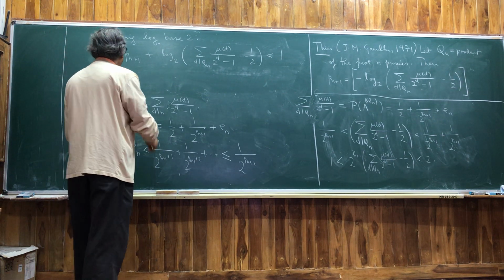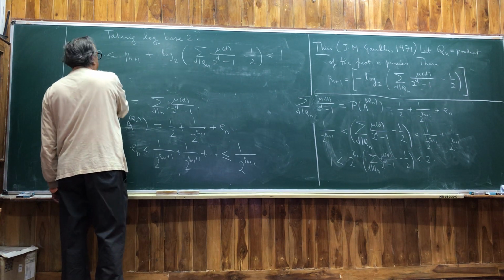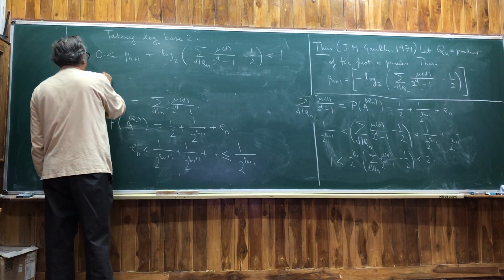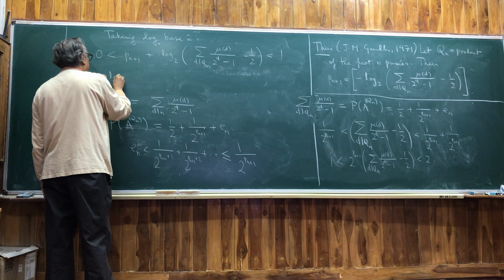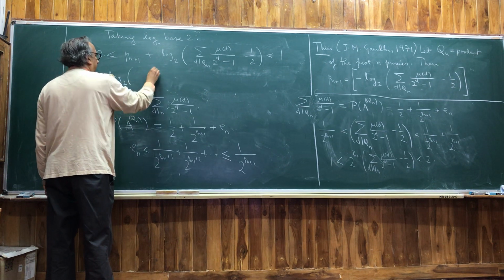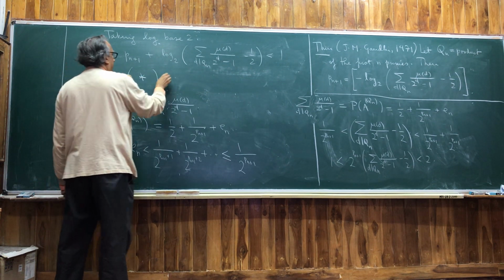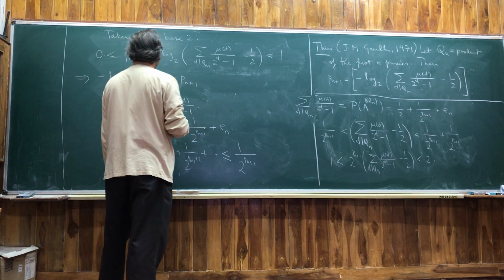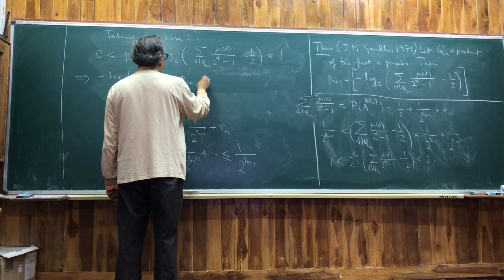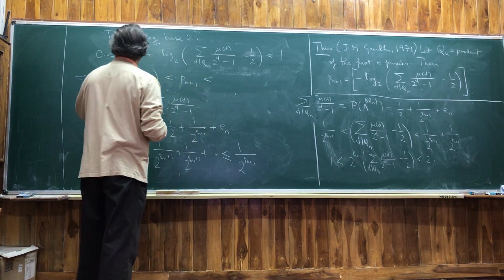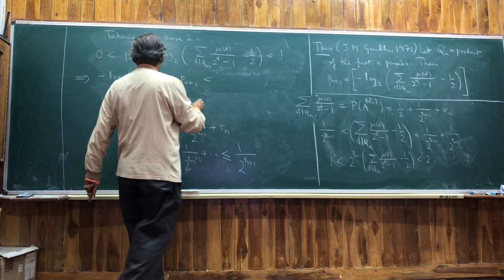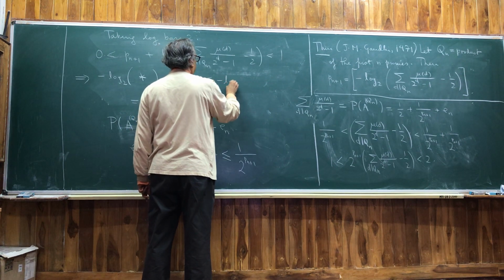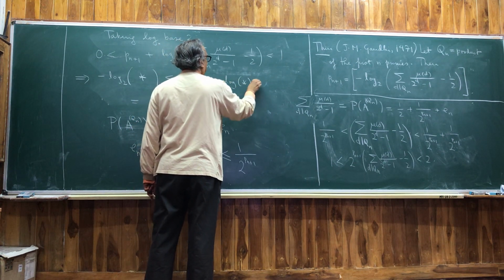So this implies that minus log base 2 of star is less than p sub n plus 1, and it's less than minus log star plus 1.